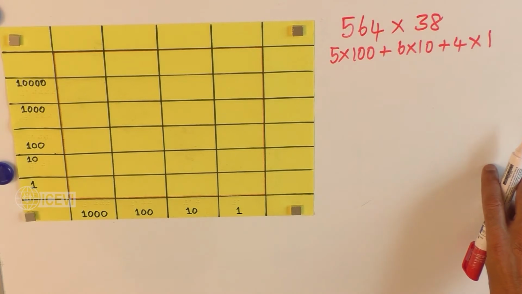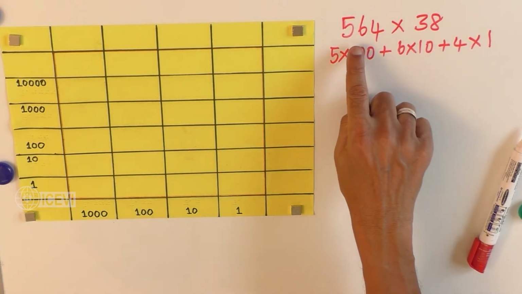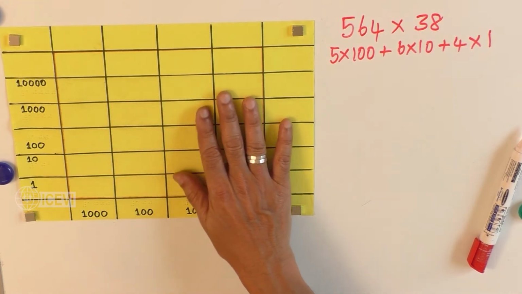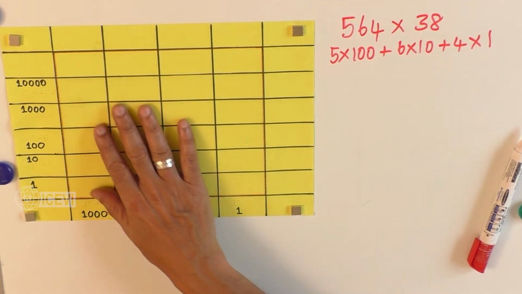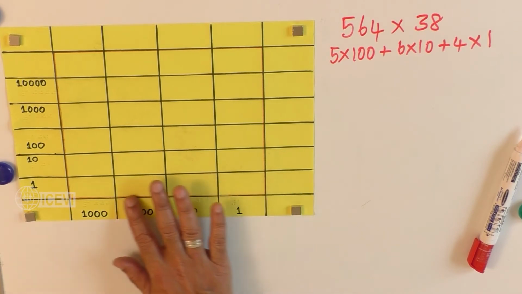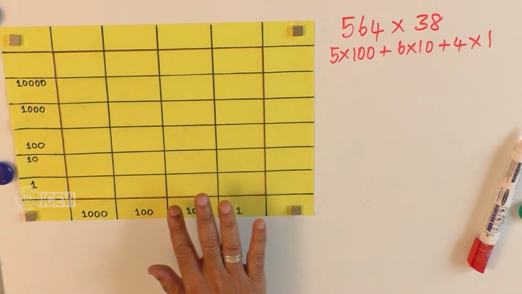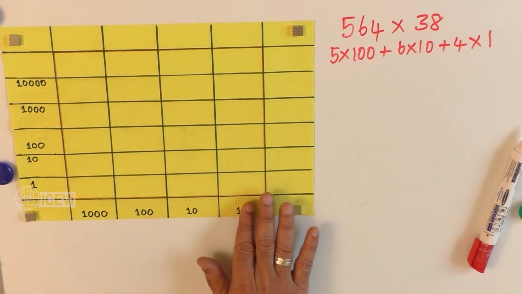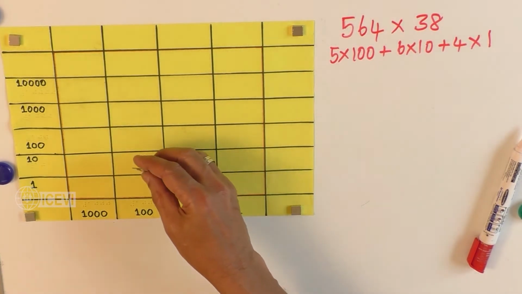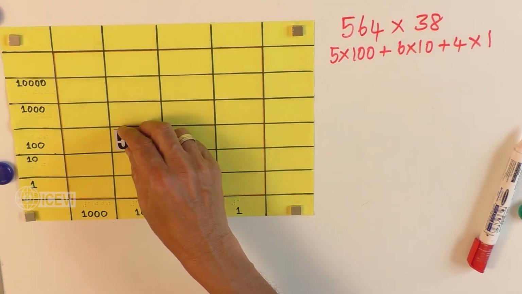So first we have to place the number 564 in the expanded form template. This is a customized template, and we have the place values of 1, 10, 100, 1000 horizontally and vertically. So we have to put the number 5 in the hundreds column.